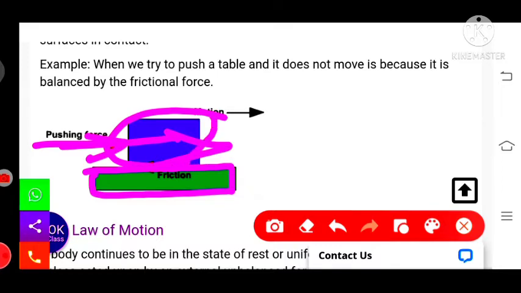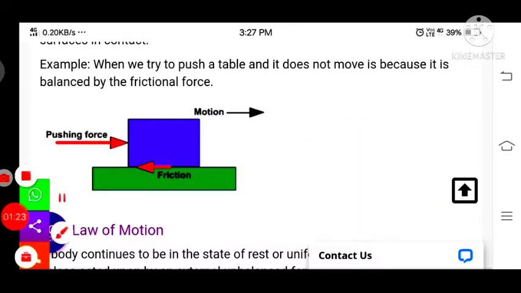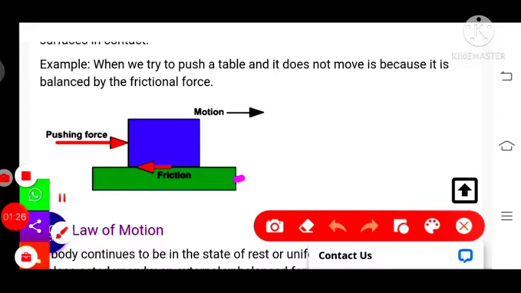The surface of the object will not be perfectly smooth, so between the surfaces of these objects the frictional force appears.